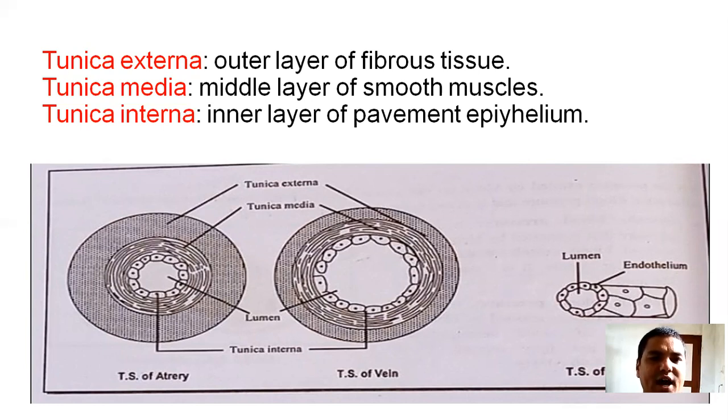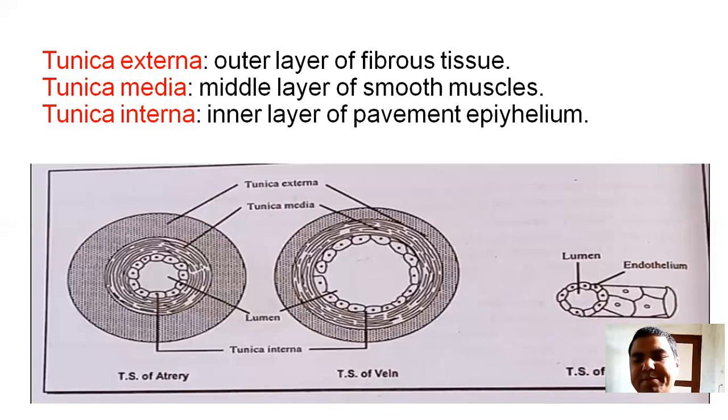But the outer layer is made up of fibrous tissue, the middle layer is made up of smooth muscles, and the inner layer consists of pavement epithelium. But the lumen of the vein is wider than the artery. Hence, the wall of the artery is thicker than the vein.